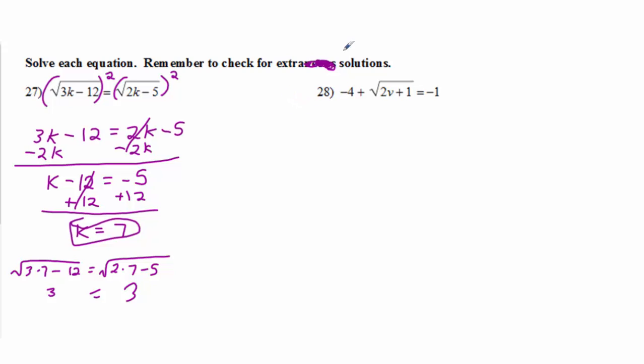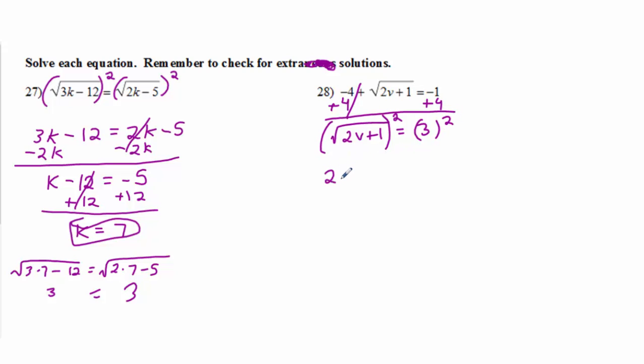On 28, we need to get the square root by itself to start off with, and so that means I'm going to add 4 to both sides of my equation. That gives me the square root of 2v plus 1 equals negative 1 plus 4, which is 3. Then, now that my radical is by itself on the left side, I'm going to square both sides to get rid of the square root.